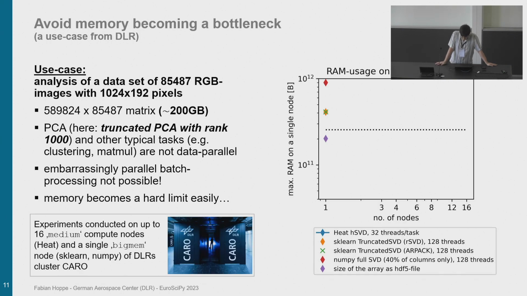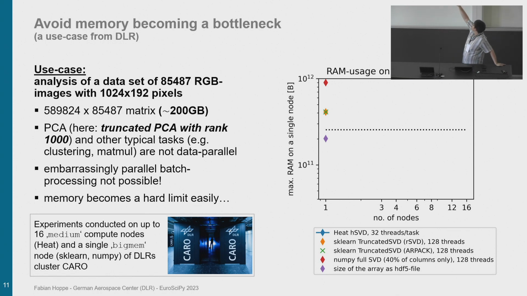So let me show an experiment here. It's about truncated PCA with truncation rank 1000. You can see in purple the size of the array as an HDF5 file, in green as a green cross, and in yellow you can see the memory consumption of scikit-learn truncated SVD. And the dotted line is the RAM limit of a standard compute node at the DLR cluster.